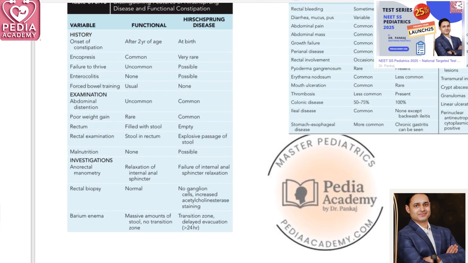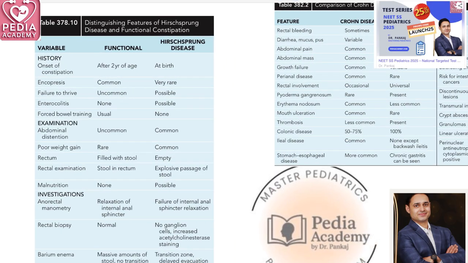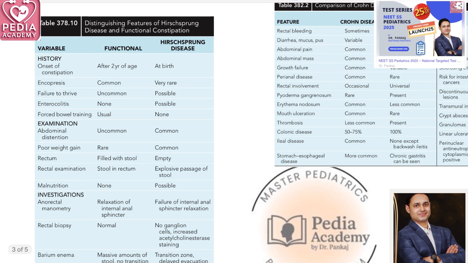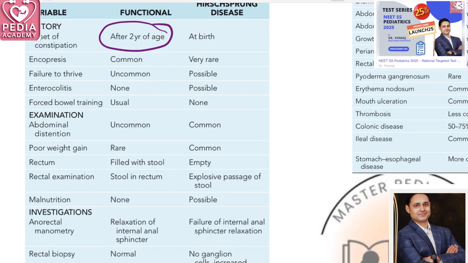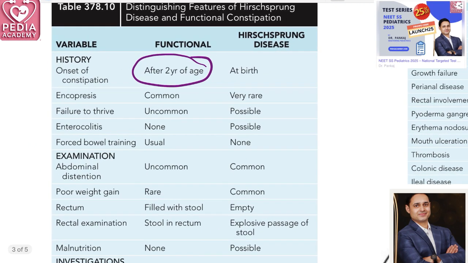Now we'll see features which differentiate Hirschsprung disease from functional constipation. Onset of presentation in functional constipation is around 2 years of age, but Hirschsprung disease presents generally at birth. Failure to thrive is there in Hirschsprung disease. Enterocolitis is there.